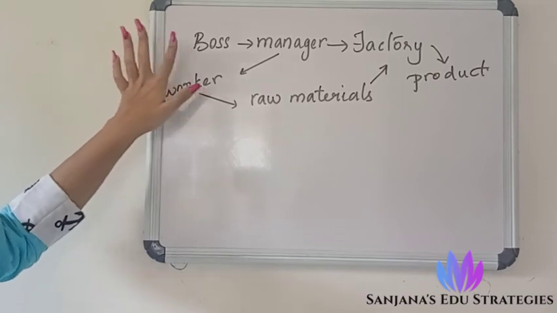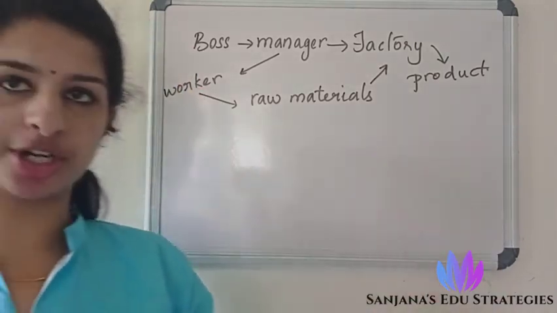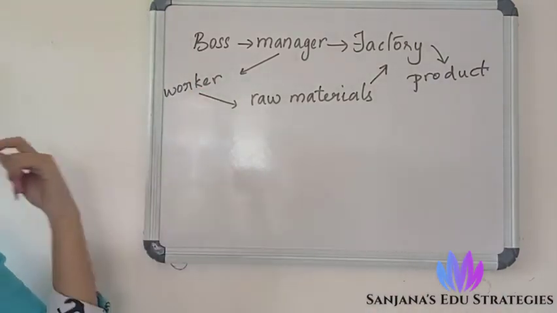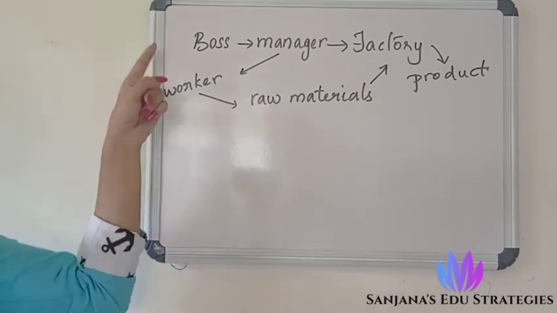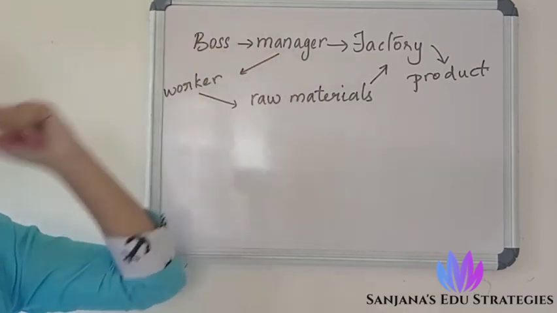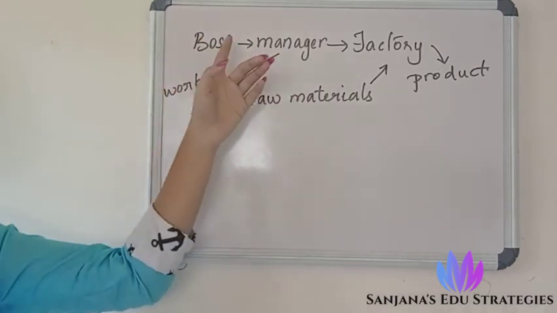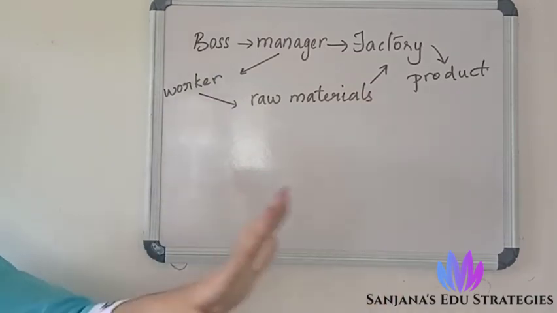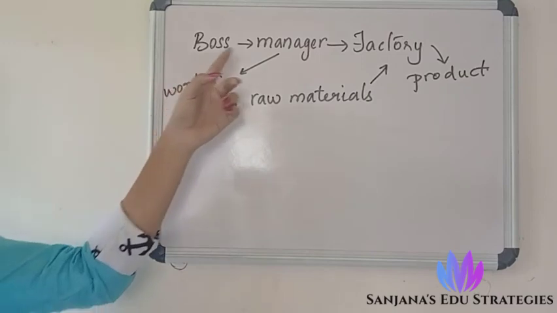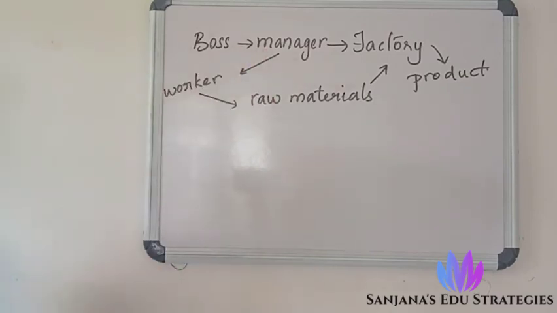You understand? In a factory, a lot of manufacturing takes place. So there will be a boss, a head. The boss will give information to the manager to produce this product, today or tomorrow. He'll give a specific time. The boss is telling the manager to produce this product.